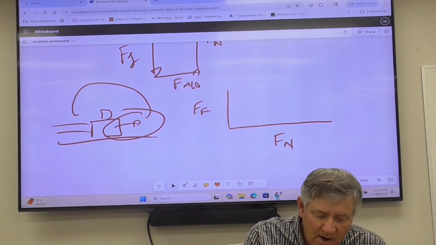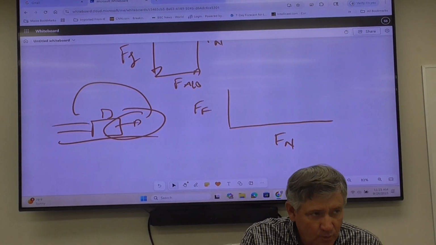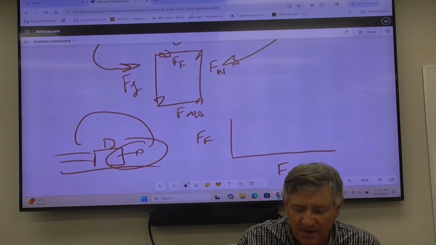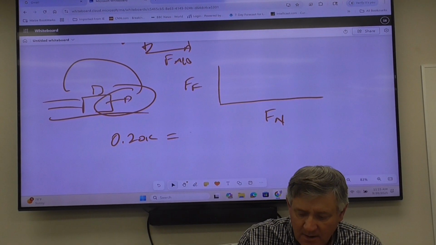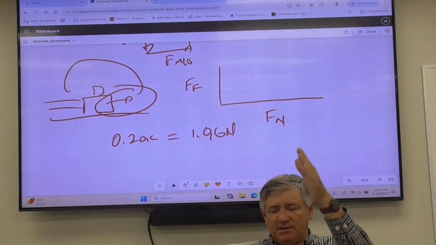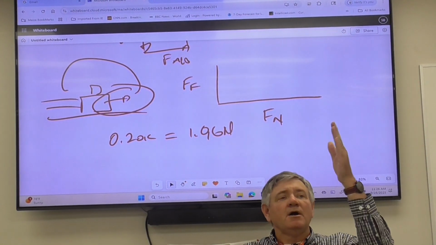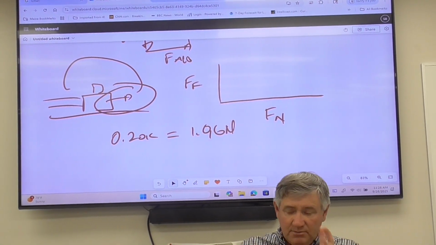Make sure on that normal force column that you add the weights together. Like on that first one, which was 0.2 kilograms, that's 1.96 newtons. You take 0.2 times 9.8, you get 1.96. You're going to add that to the weight of the block.